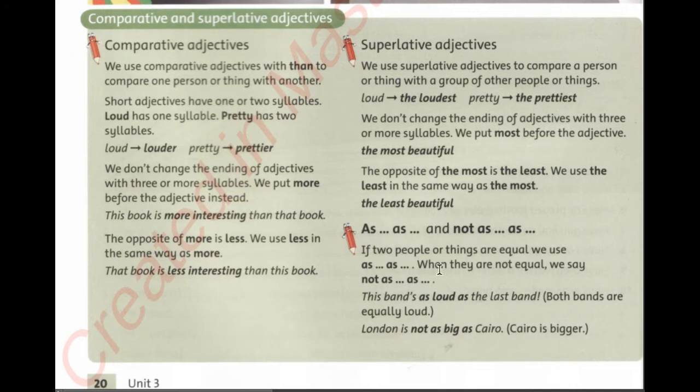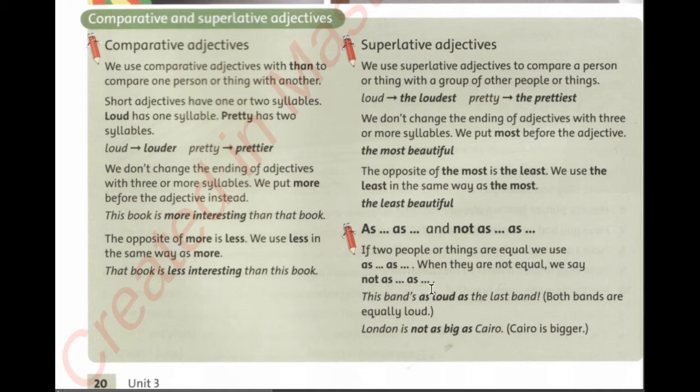And then we come to something new. We will also study as and not as. If two people or things are equal, equal means the same tall, same short, same big, we use as. When they are not equal, we say not as.